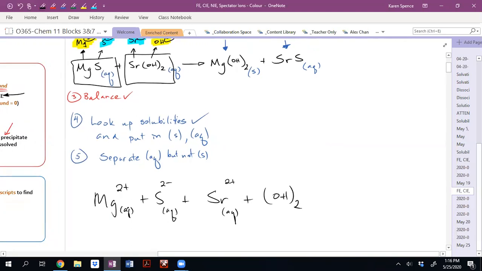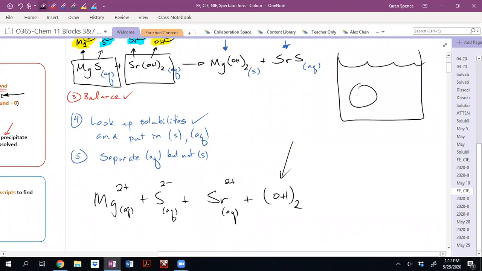Does anyone take issue with how I've written my hydroxide? The 2 should be in front of it like a coefficient. That's correct, yeah. The hydroxides are not attached to each other. So if I have my beaker of water, I don't have an OH attached to another OH.